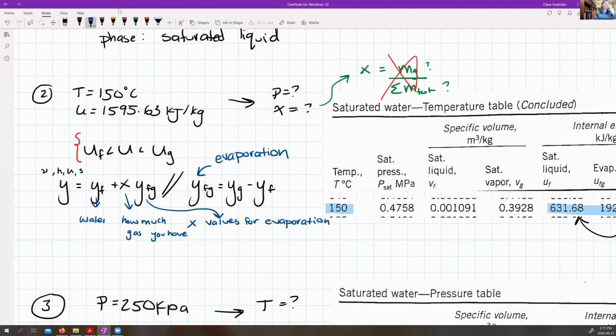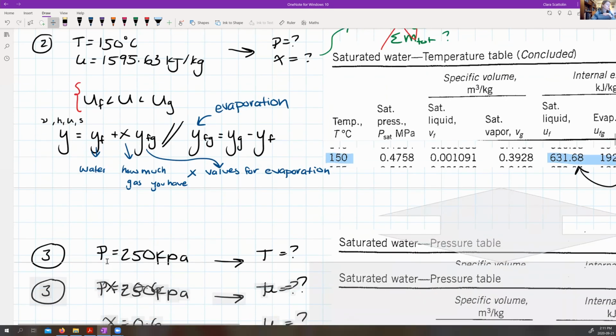This makes a little more sense, but right now we're talking about total internal energy, U. So I'm looking at the total internal energy of water, plus how much water I have, times how much energy it takes to evaporate the water. If you look at the equation that way, it makes a lot of sense. It's intuitive. It's derived, of course, from the straight line, but it's in the notes if you're really curious.